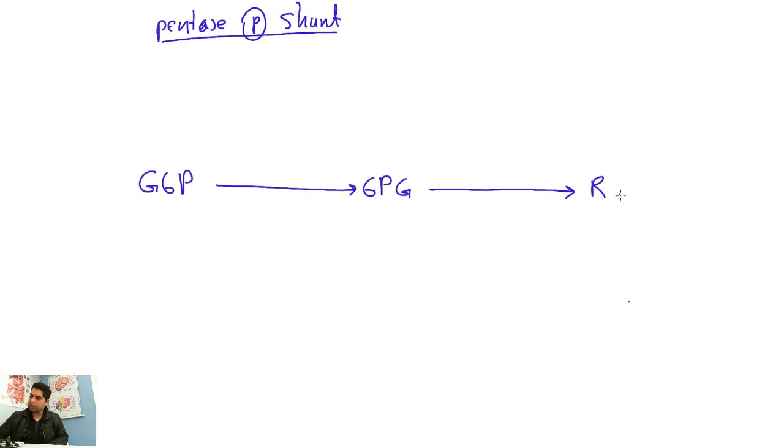In this pathway, glucose 6-phosphate is converted to 6-phosphogluconate, and 6-phosphogluconate is converted to ribulose 5-phosphate. Initially ribulose and then it becomes ribose. So let's just call it ribose.